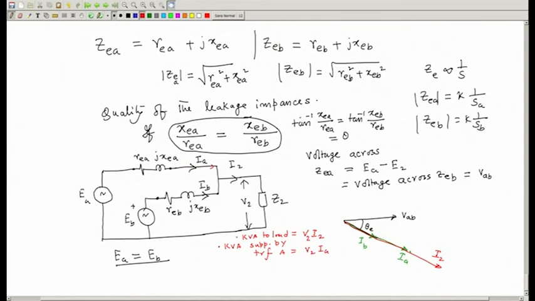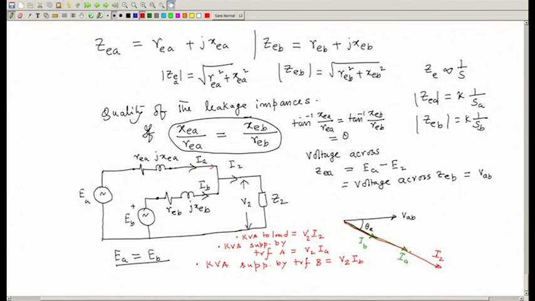And the kVA supplied by transformer B is equal to V2 into IB.